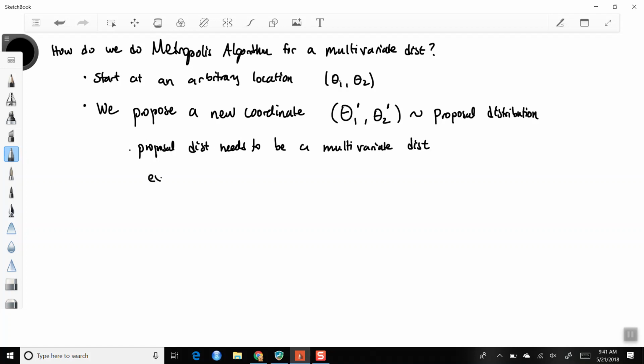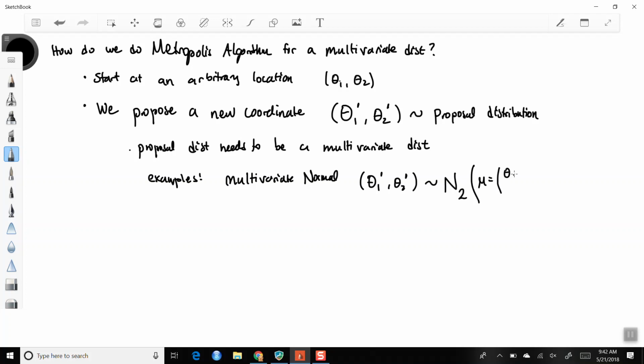Okay, so some examples could be multivariate normal. And so we could say theta 1 prime and theta 2 prime will come from a two-dimensional normal distribution, and the mean would be our current values of theta 1 and theta 2, and maybe the standard deviation will be the two-dimensional identity matrix or something like that.